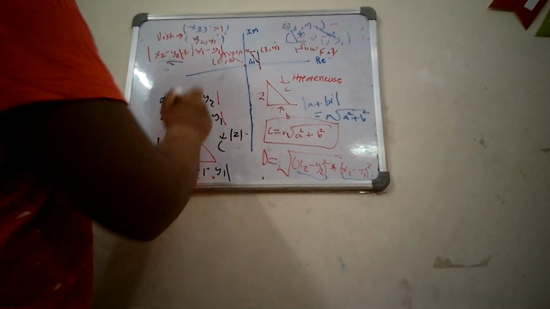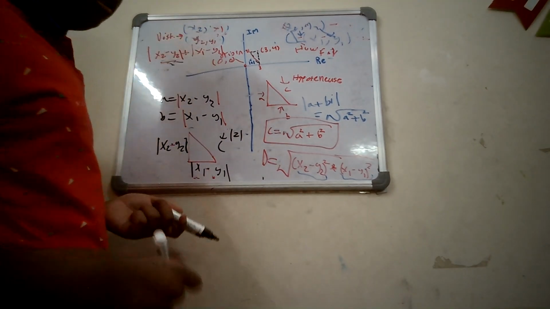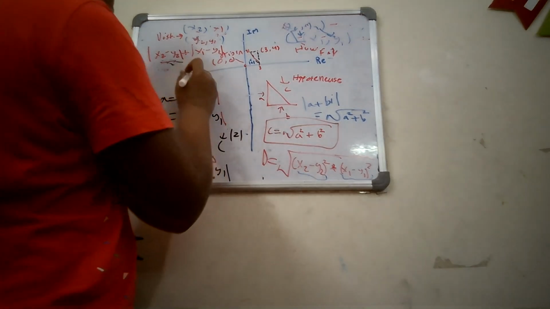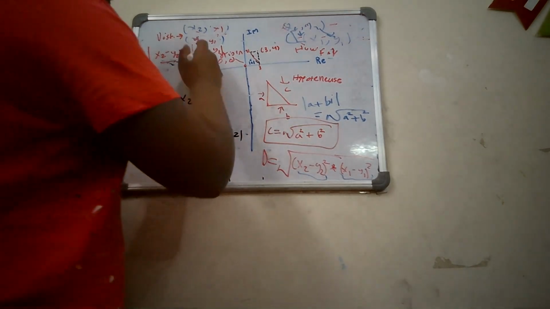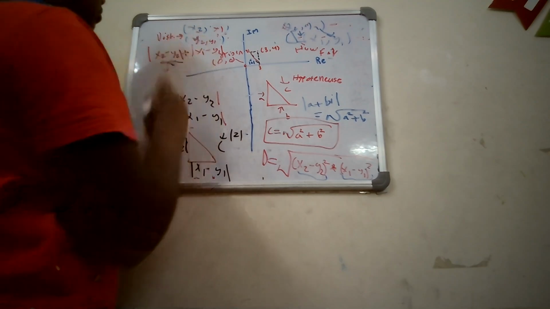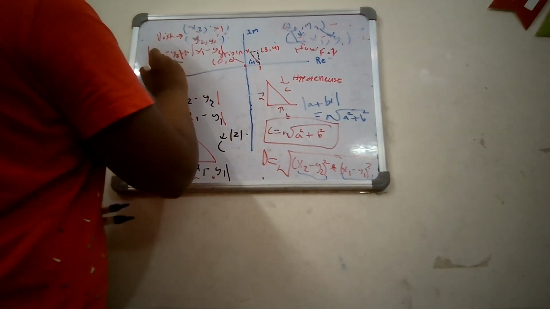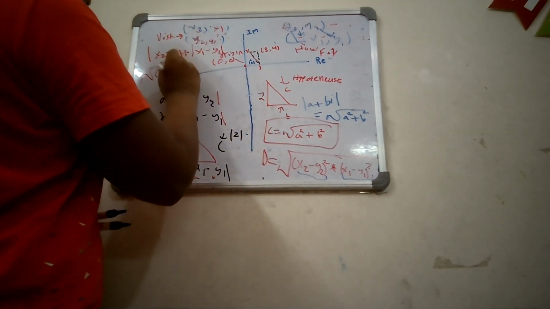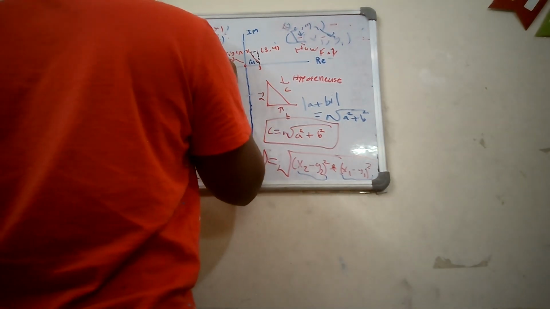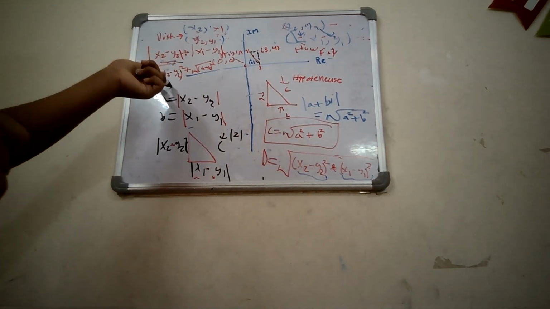It's not like we can find the distance only from 0, we can find it from any point. Because the modulus symbol is used to find distance from 0, but the distance between 2 points, we can find between any 2 points. So we're adding those. Okay. And that's why you know that we can write this as the square root of x2 minus y2 squared plus x1 minus y1 squared. Makes sense.